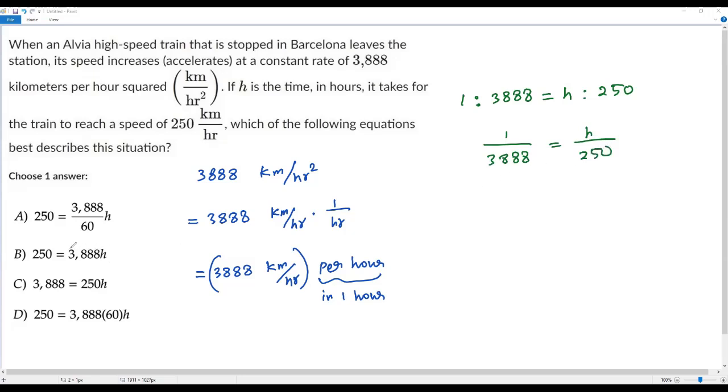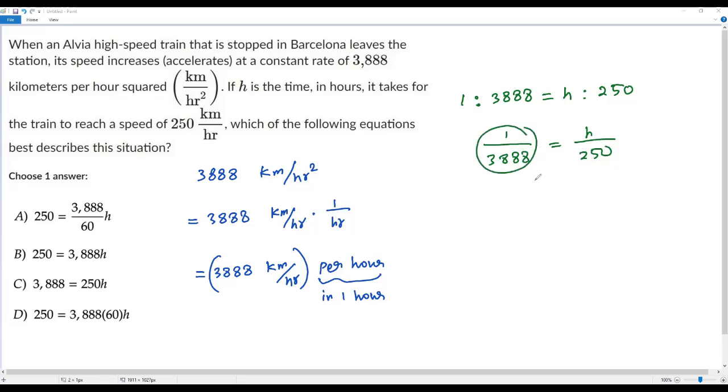Okay, when I look at the options, in options A, B and D it has been solved for 250 in terms of h. Only in option C, it has been solved for 3,888 in terms of h. Anyways, either we have to solve for 250 or 3,888, but here both 3,888 and 250 are in the denominator. Let's get these two values to the numerator. For that, we have to take the reciprocal on both sides.